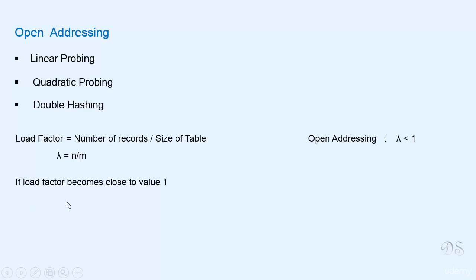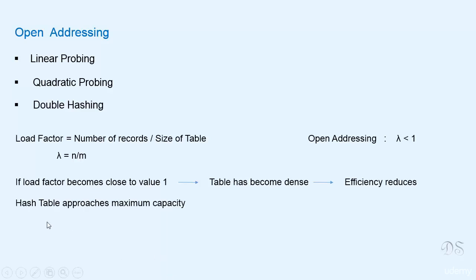If the load factor of a hash table becomes close to value 1, it means that the hash table has become dense. There are many occupied locations and very few empty locations. So there will be more chances of collision and the efficiency will reduce. As the table approaches maximum capacity, load factor approaches 1 and searching becomes linear.